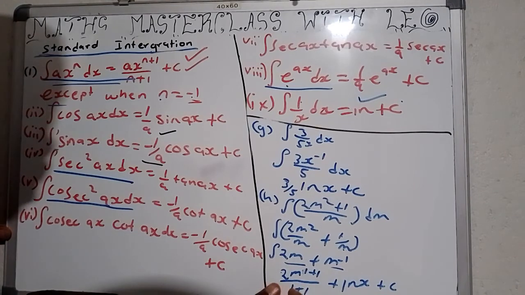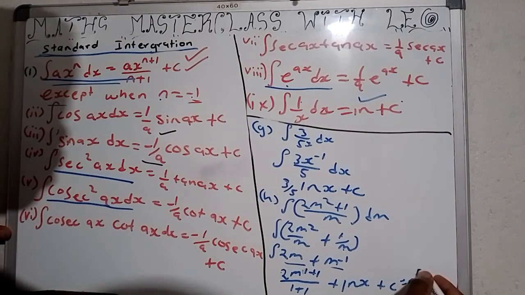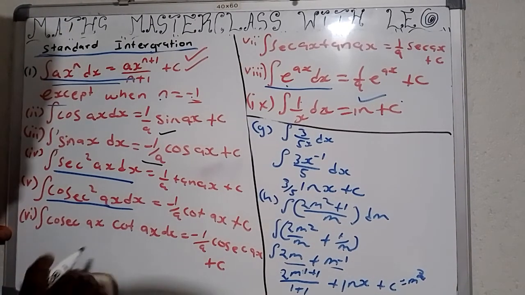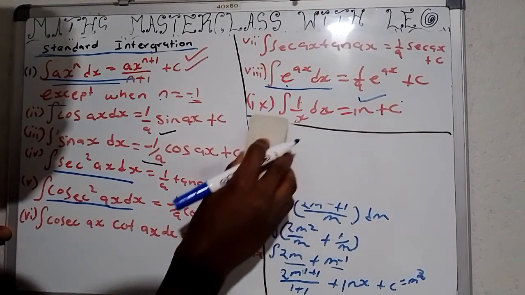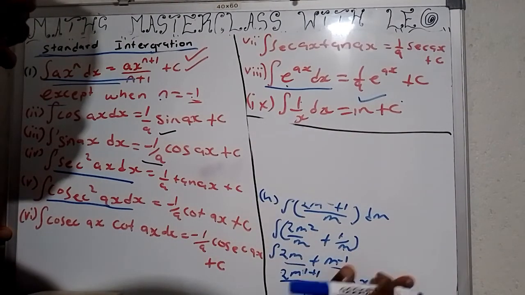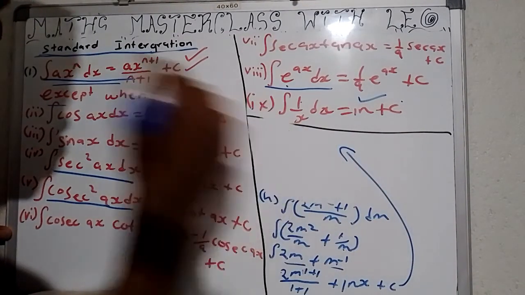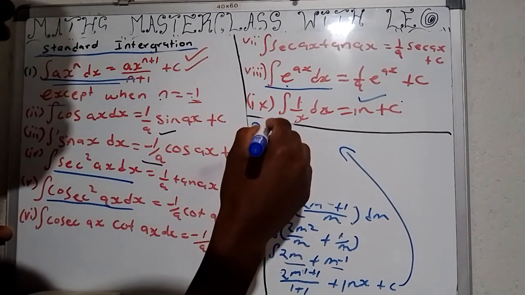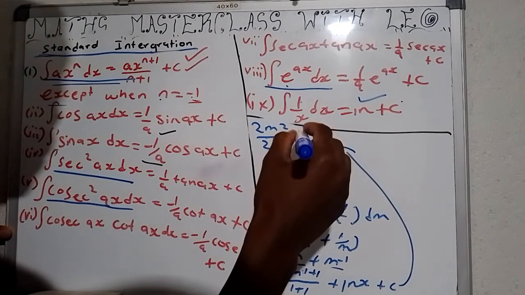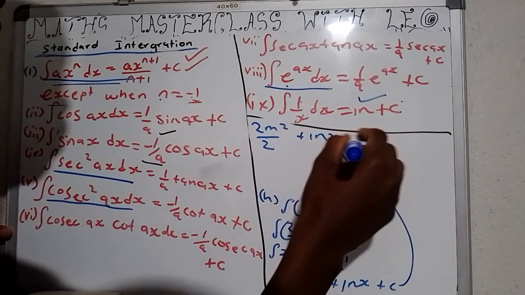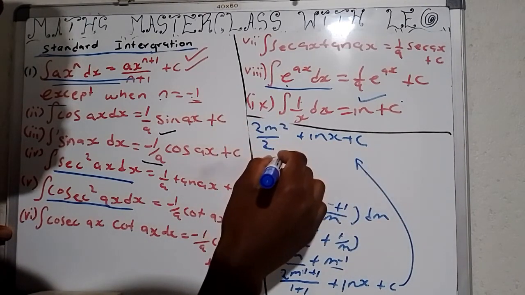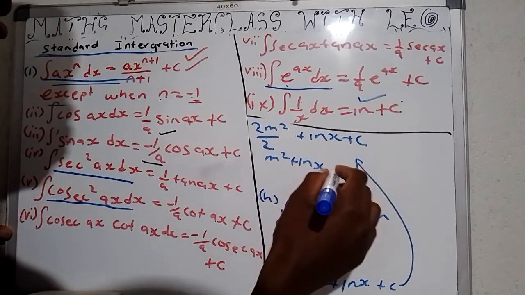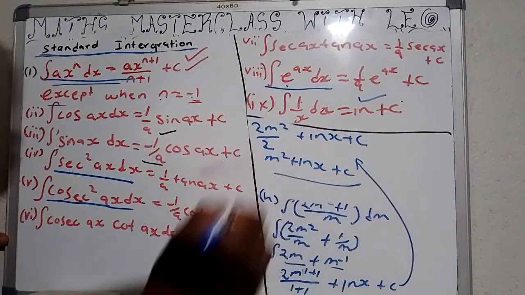Then my solution will be 2m squared over 2 plus ln of x plus c, and this gives m squared plus ln of x plus c. That is my solution for that question.